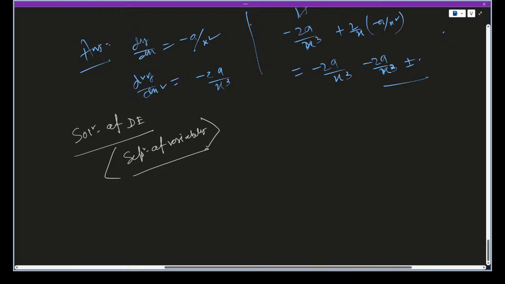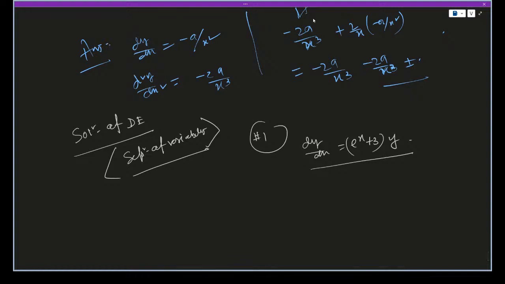I am writing here, like number 1, say it is dy by dx. Check. I mean solve. How to solve?